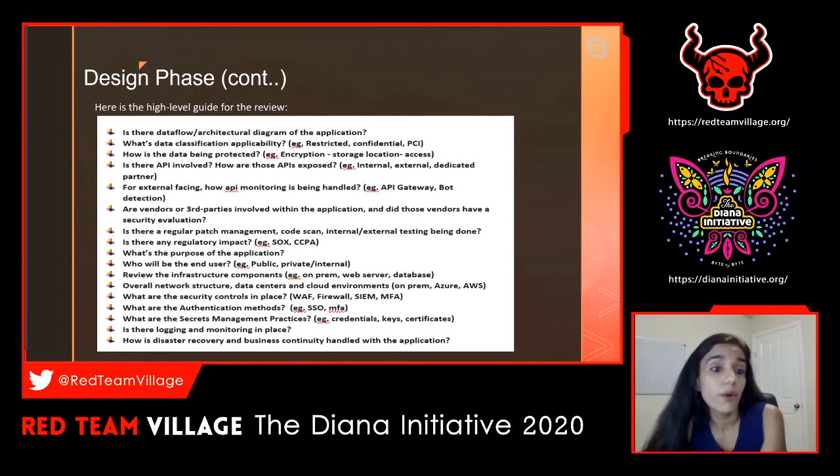Now, let's talk about vendors. Are vendors or third parties involved within the application? Did those vendors have a security evaluation? Interesting questions, right? This is a blind spot in many organizations, and not just for the new vendors you are dealing with.